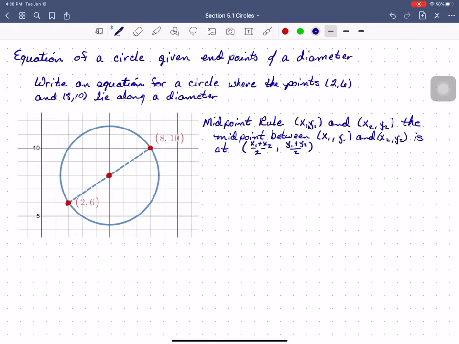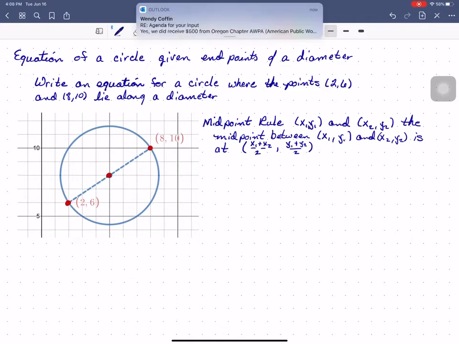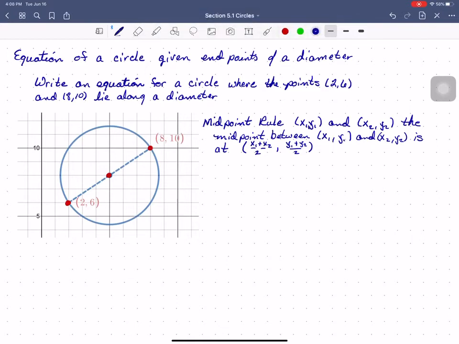And you can make this make sense to yourself if you think about traveling along grid points. So if I again travel from this point to my center point, we see I go up 2 and over 3.